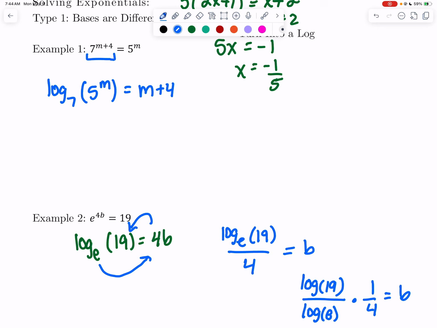Now, once we do that, you'll notice that we have an m right here and an m right here. That's okay, because remember, one of the properties that we've learned is that we could take out the exponent of m and put it as a coefficient and multiply it. So now this is saying m log base 7 of 5 is equal to m plus 4. You are going to subtract m because we want the m's to be on one side.